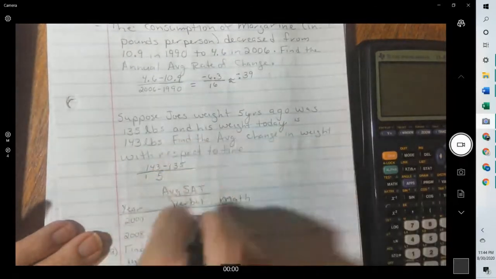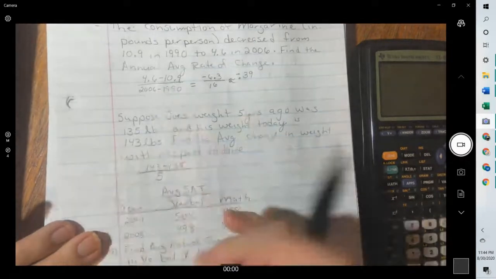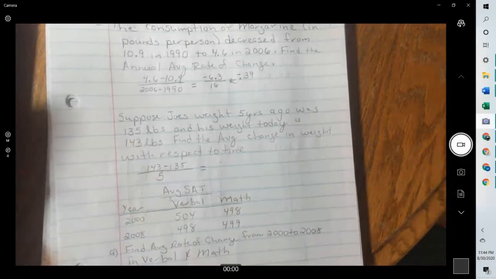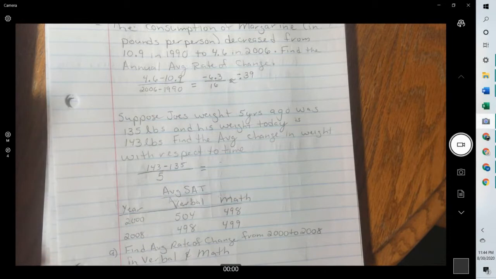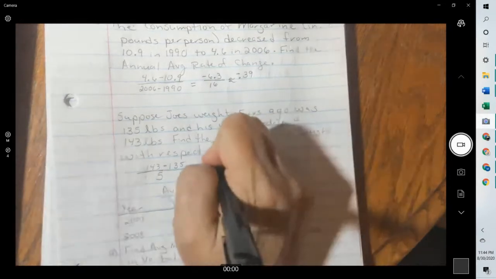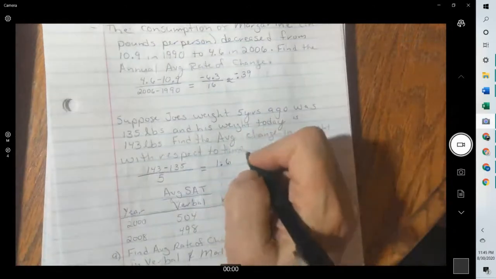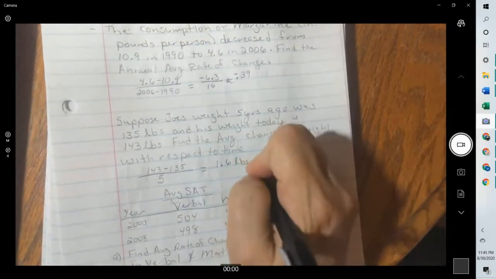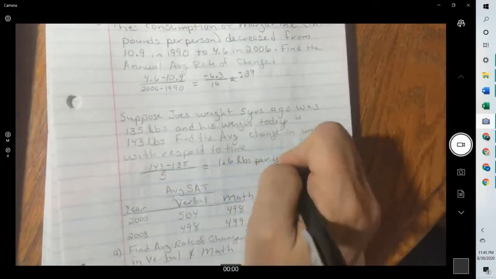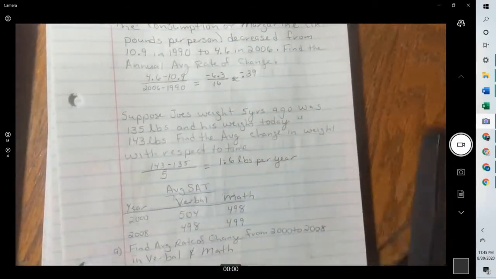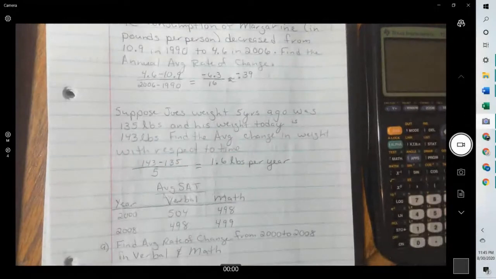So our difference in time would be 5. So we have 8 divided by 5 is 1.6. So the average change in weight is 1.6 pounds per year. So he gains 1.6 pounds per year.